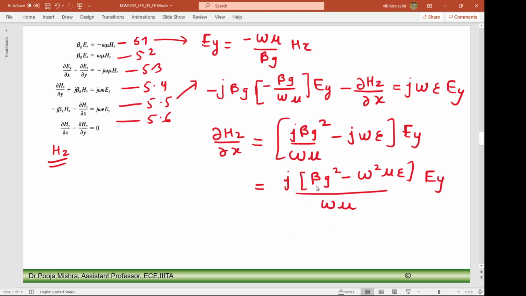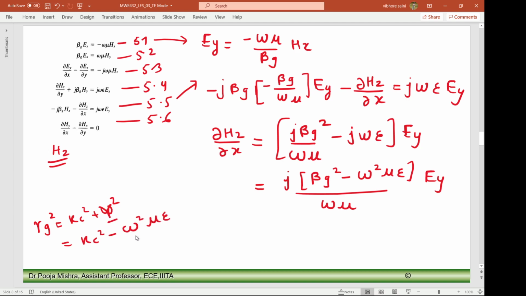Now what is this term beta g square minus omega square mu epsilon? Recall from here, gamma g square is equal to kc square plus gamma square, and for lossless condition kc square minus omega square mu epsilon.